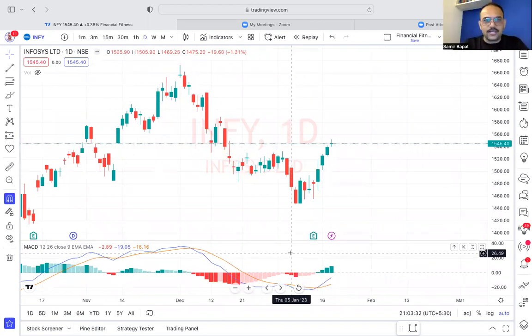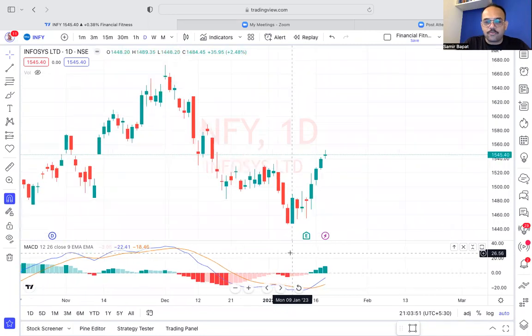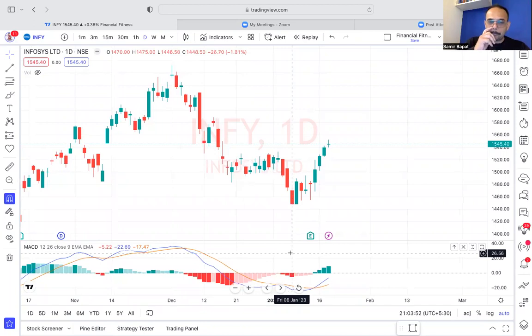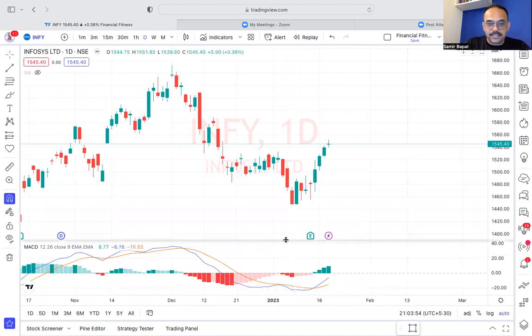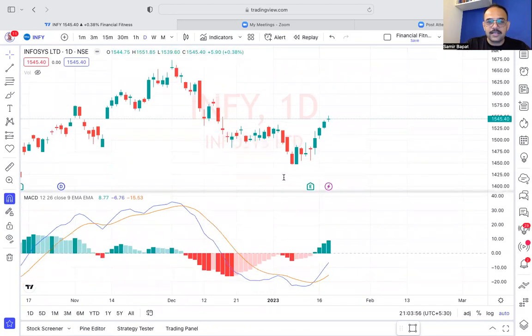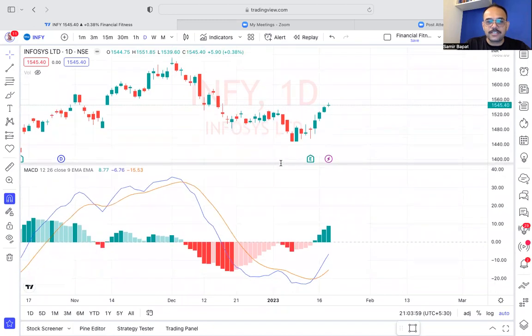Are you able to see the chart? Type yes if you are able to see the Infosys chart in front of you, and the MACD indicator also on that. I'll just expand it a little bit. I'm compressing the chart.